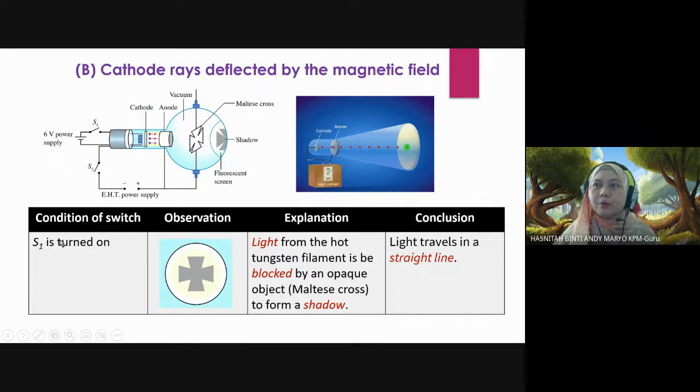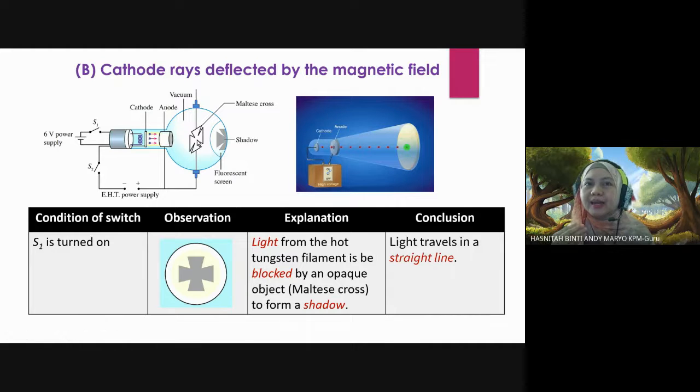Now we turn on S1 only. So what happened? You see what happened here. The light from the hot tungsten filament is blocked by an opaque object. This cross is made from an opaque material. What is meant by opaque?